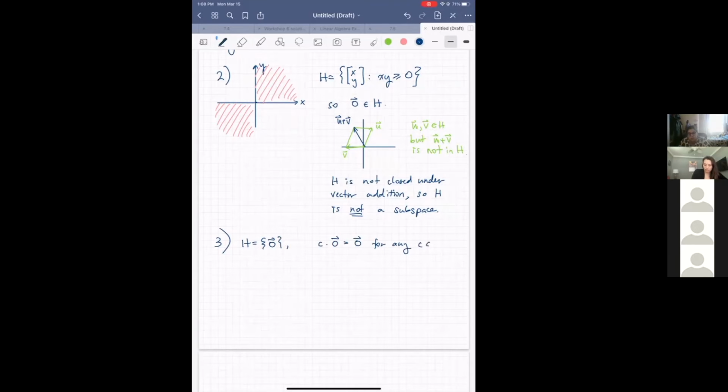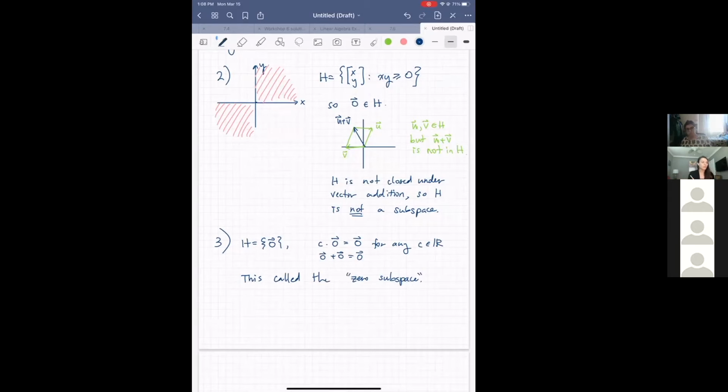If you want to write out the addition, 0 plus 0 is the only addition you could possibly have, and that's equal to 0. So you stay inside the space. This is called the zero subspace.